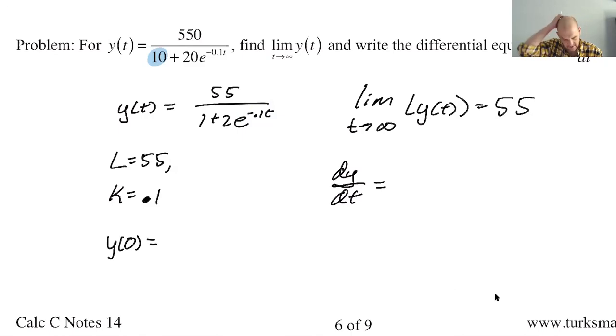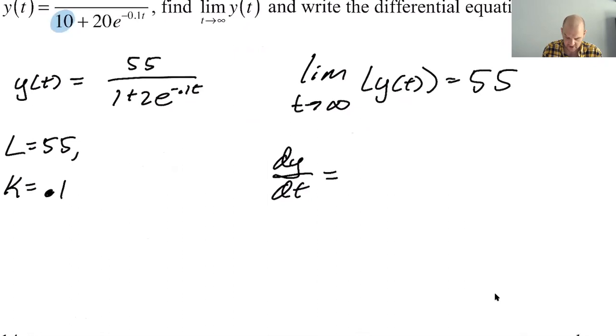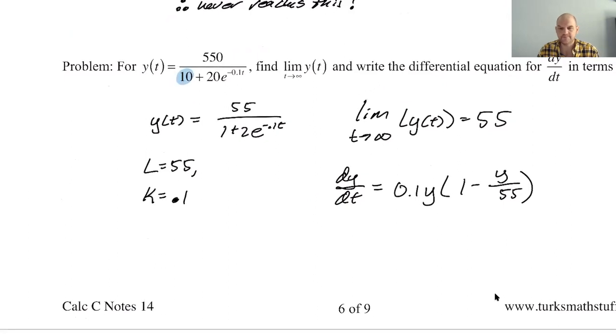Well, actually, what am I trying to calculate? I have k, I have L. I don't need to calculate anything. It's like I was trying to solve the differential equation by looking at the solution to the differential equation. So it's going to be 0.1 y times 1 minus y over the limit, which is 55. And there you go.